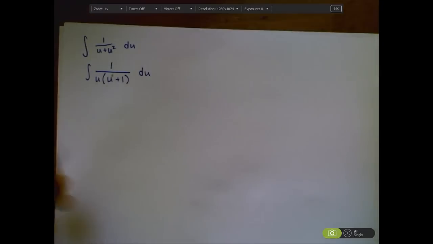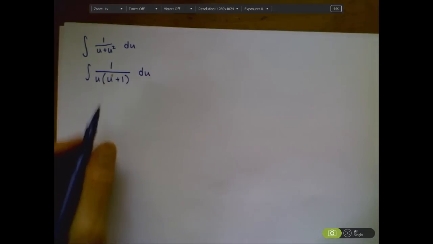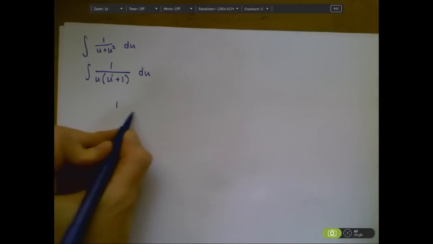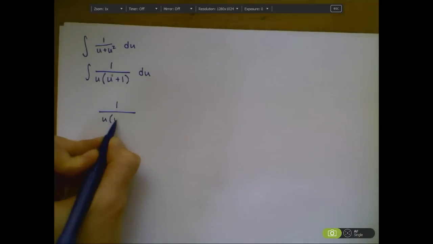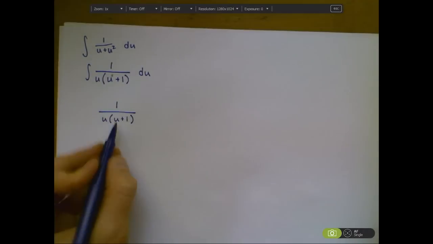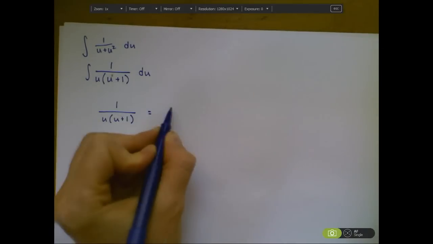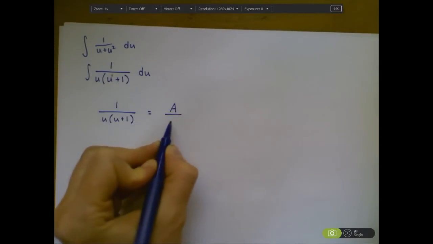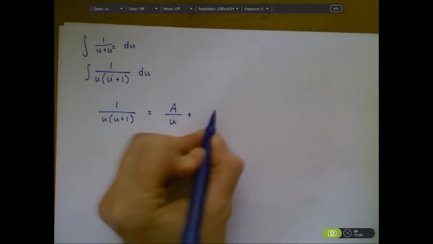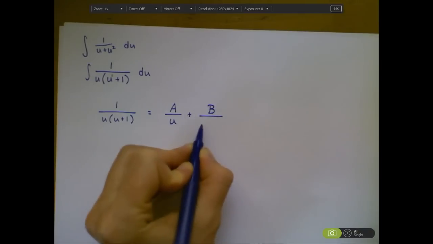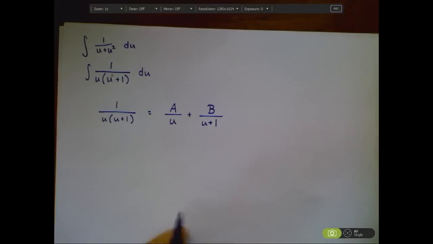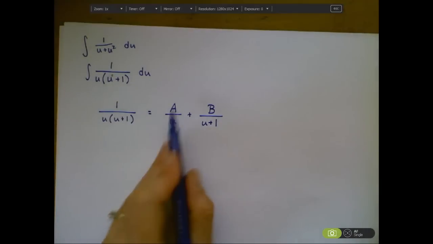And I'm going to have to rewrite this in terms of fractions. So this fraction right here, 1 divided by u plus 1 times u, is going to have to be equal to a over u plus b over u plus 1. I need to figure out what a and b are going to be.